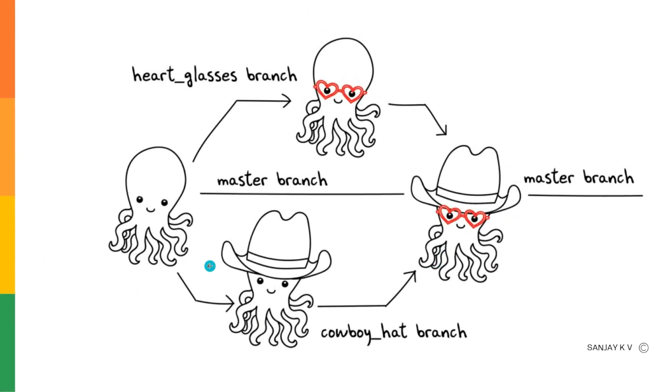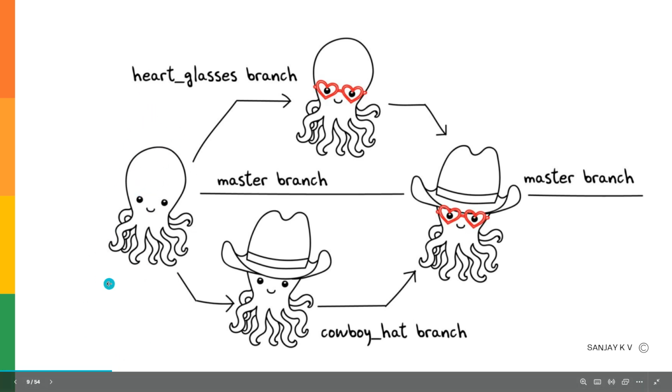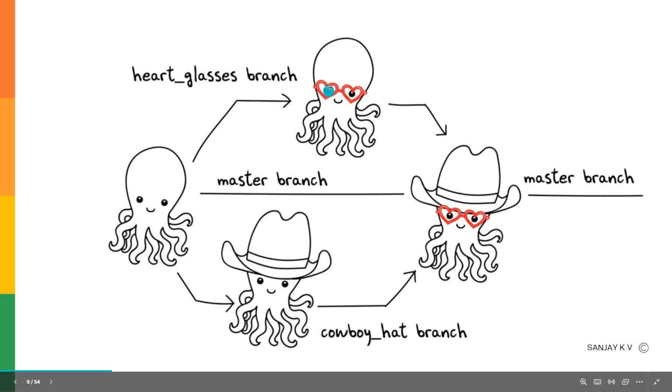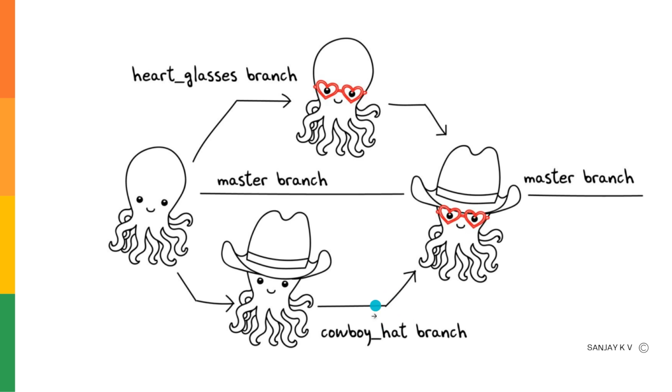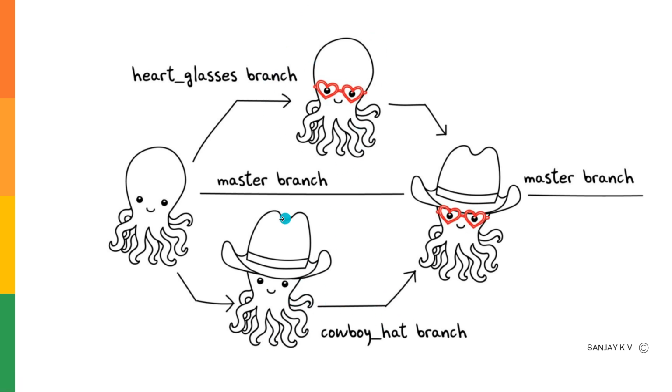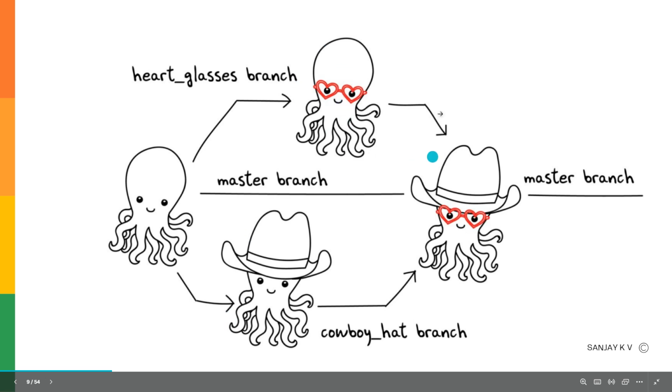To put it in a simpler perspective, for example, there is an octopus over here. This is the main octopus. We don't really go and change anything on the main octopus, but we want to create a cowboy hat and heart glasses. Now this cowboy hat and heart glasses are added by two different developers, say Sanjay 1 and Sanjay 2.